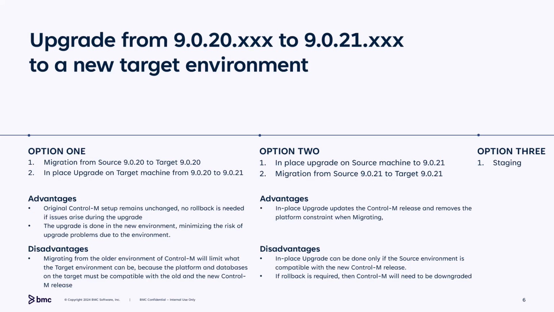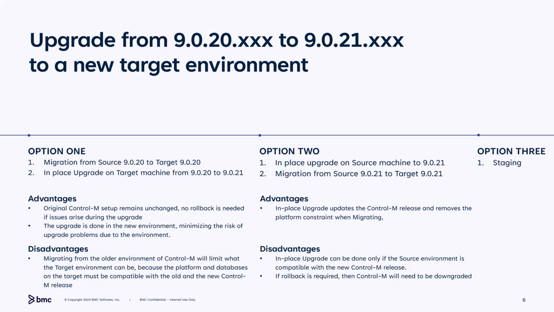The advantage in doing the in-place upgrade first is it removes all the constraints of the target machine during the migration. The disadvantage in the in-place upgrade first is that it can only be done if the source environment is compatible with the new Control-M release.